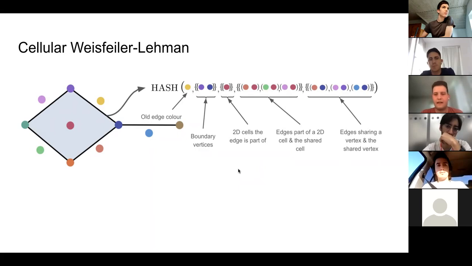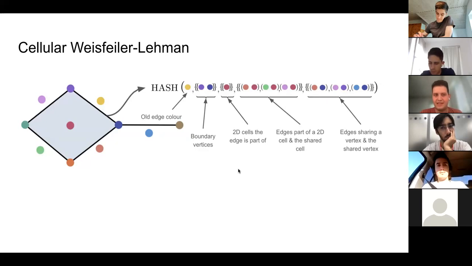Then you look at any cells this edge might be part of. It's part of a single 2-cell, this red one, and we put its color there in this hashing function. Then there are other edges that are part of the same cell. So there are 3 other edges that are part of this cell, and we also include the color of the shared cell.